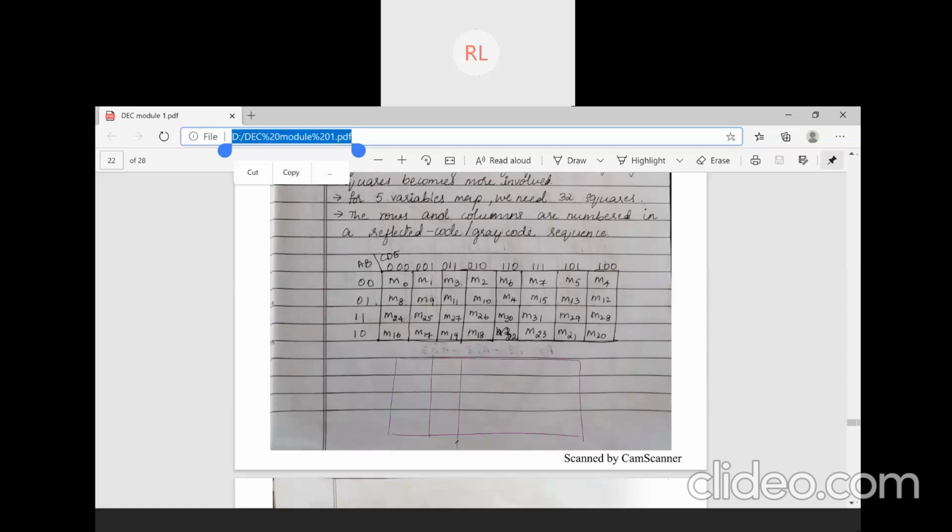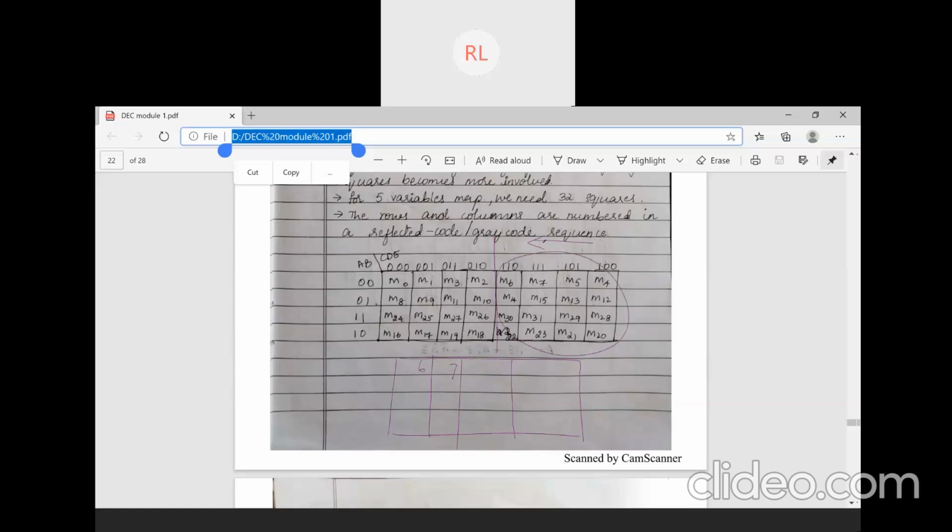I am breaking it into half here. When I have a mirror image of this, because I'm folding it to this side, this is sitting here.